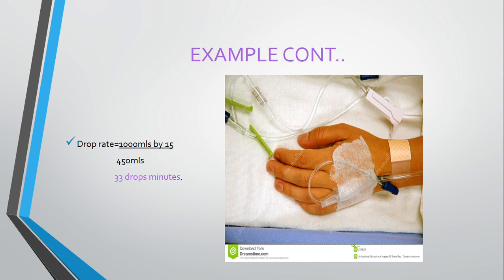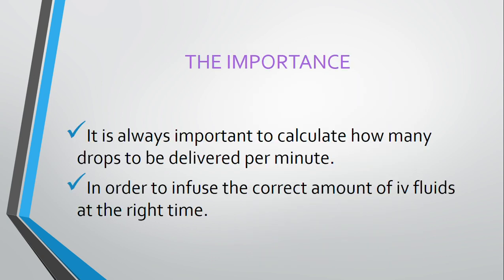Now, why is it important for us nurses to know how to calculate this? It is always important to calculate how many drops to be delivered per minute in order to infuse the correct amount of IV fluids at the right time.